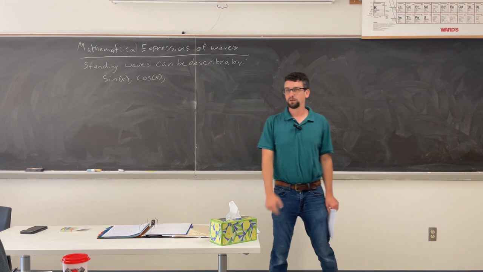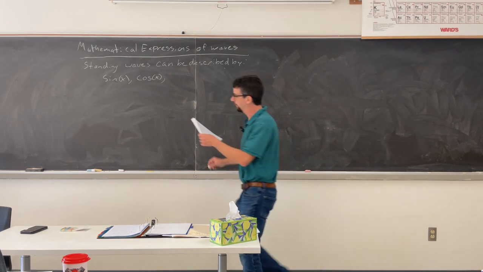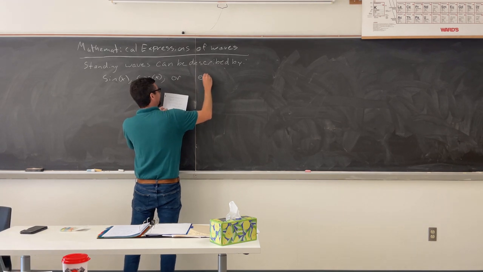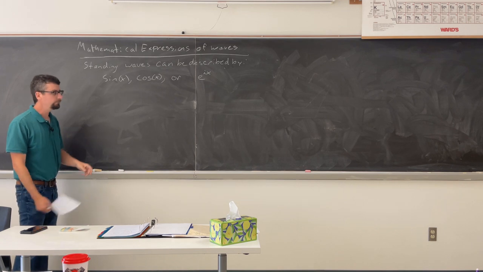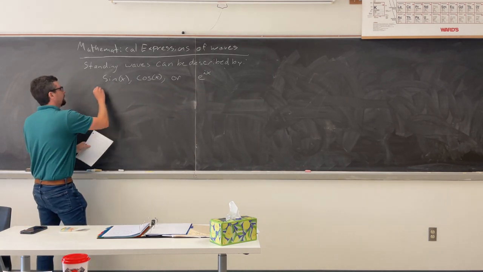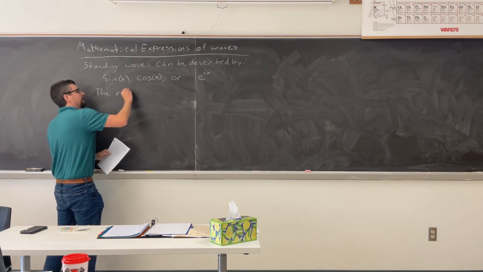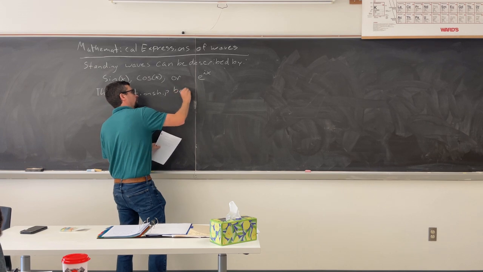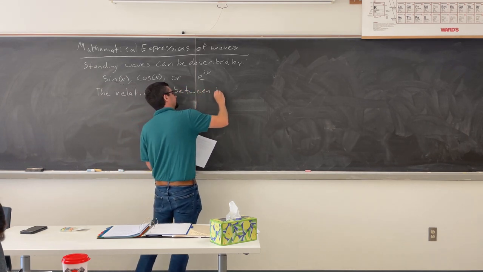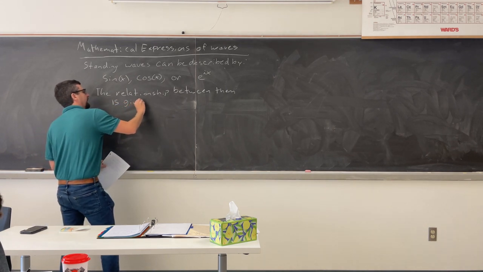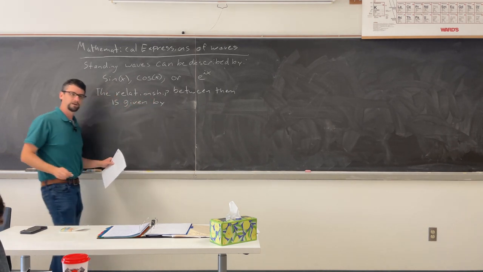What is another? Yes, e to the what? Close. E to the what x? Ix. Yes. So we have imaginary components. The relationship between them is given by Euler's, or Euler.